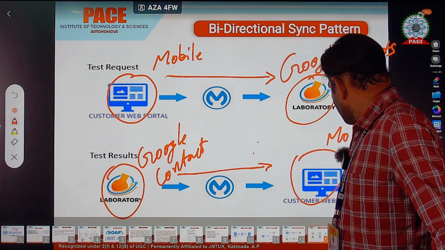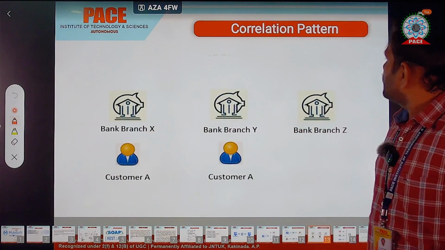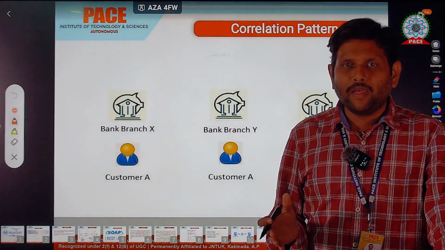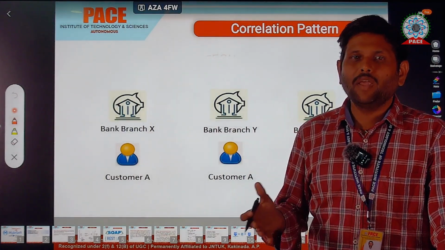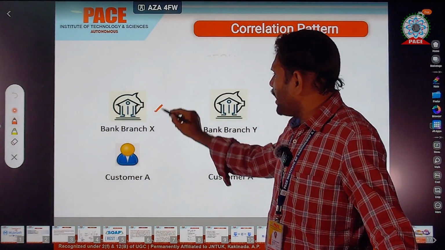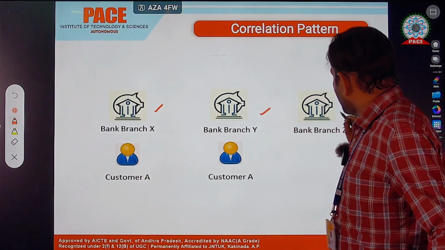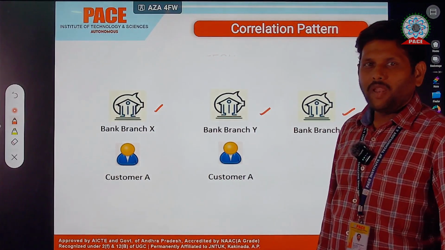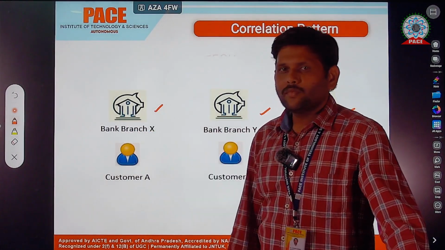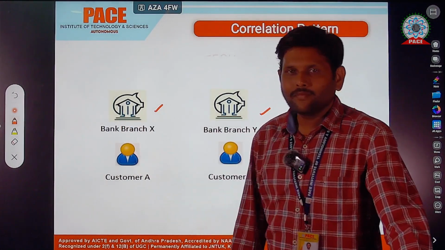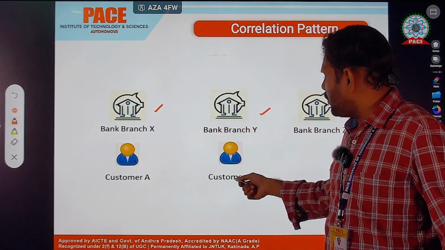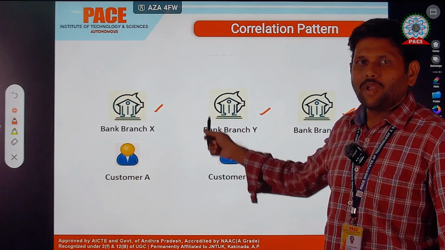And then we can see the correlation pattern. Here it is somewhat related to bidirectional sync, but not exactly. Why? Let's say here is bank branch 1, branch 2, and branch 3. Each branch has details of the customers who have accounts in that branch.